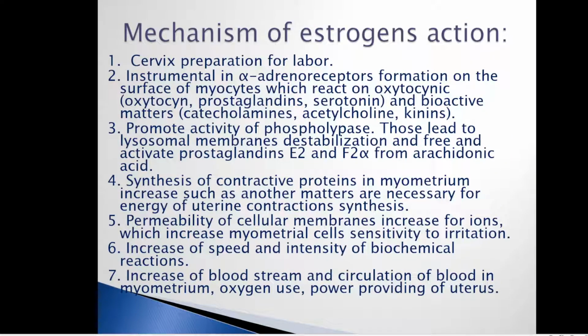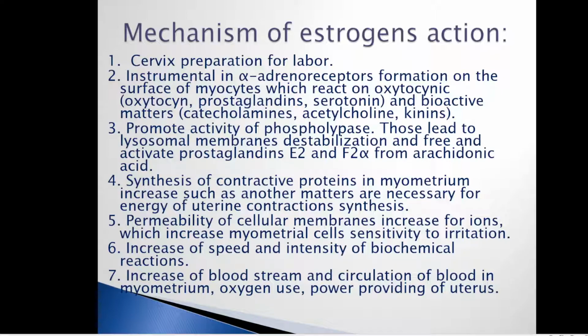You can see different mechanisms of estrogen's action. It's cervix preparation for labor. It is instrumental in alpha-adrenal receptors formation on the surface of myocytes, which react on oxytocin and bioactive matters. It promotes activity of phospholipase.